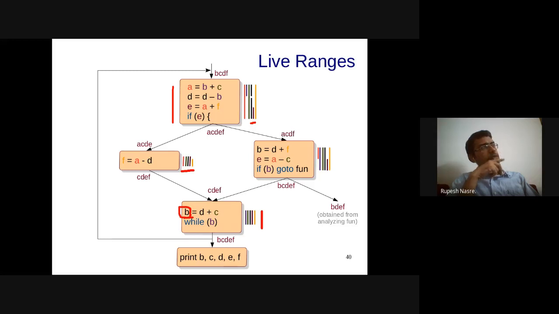So let's say B has multiple instances, B1 and B2. B1 overlaps with, let's say, A1, but B2 doesn't overlap with A1. So you might be able to give B2 the same register as A1. But if you have just B, then both of these will have to be given the same color.